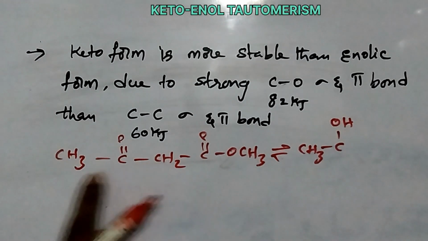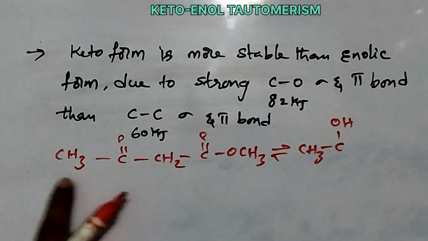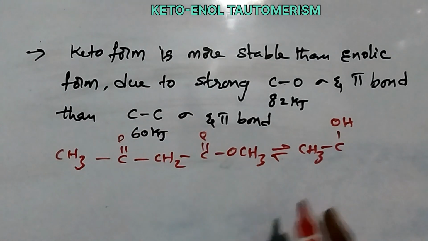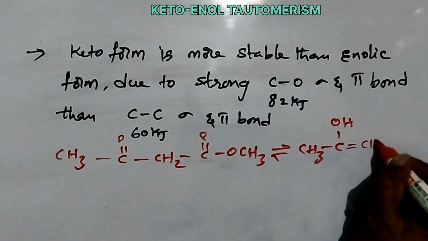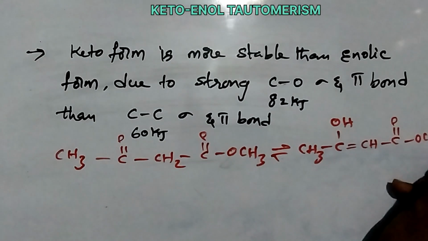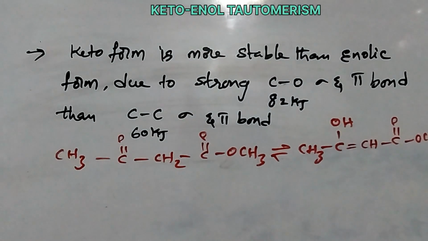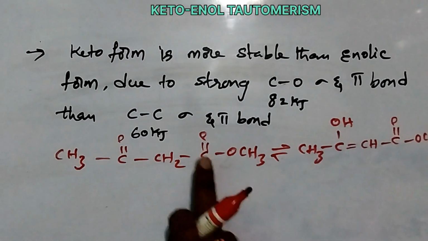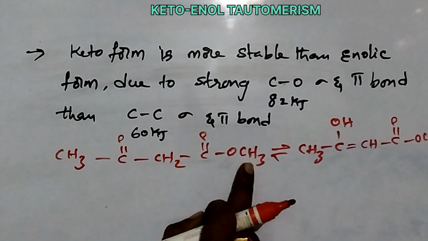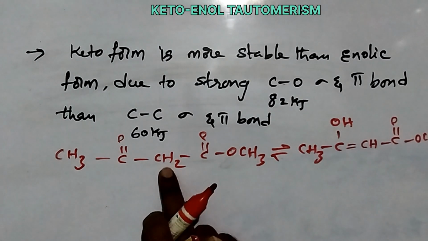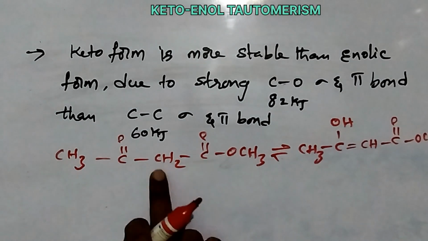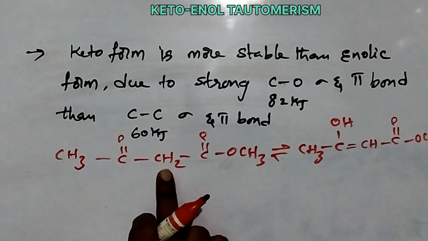This is the alpha carbon, so 5 hydrogens are alpha hydrogens. From here one hydrogen is shifting, giving a double bond CH, single bond, double bond O CH3. Either of these hydrogens can shift, but this oxygen will not be involved now, because here C double bond O CH3 is there. On one side this carbon has 5 alpha hydrogens, and this carbon has 2 alpha hydrogens.